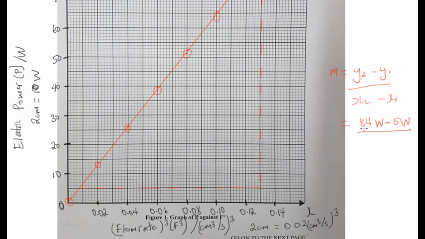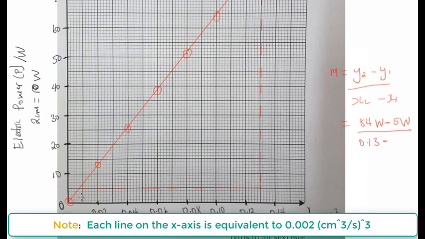And then x2 would be right here, would be 0.13. So 0.13 minus x1, which would be 0.008.